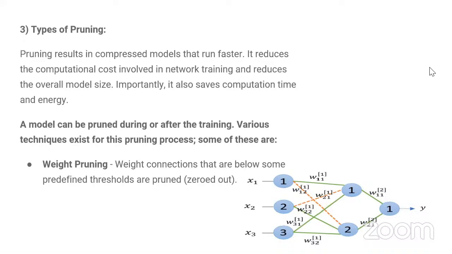Some of these are weight pruning. Weight connections that are below some predefined threshold are pruned, like zeroed out, as I have told earlier. If we want to remove some of the redundant parameters from the neural network, we can use weight pruning, where it will directly zero out those parameters.